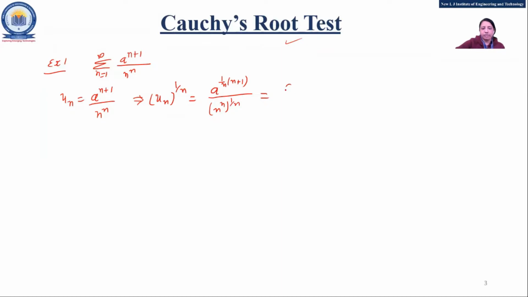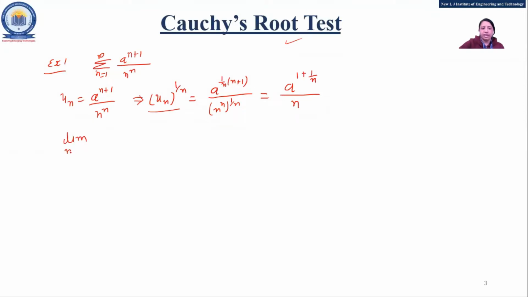So our answer would be a raised to, and here also if we take n common, the 1 is supposed to cancel out. So a raised to 1 upon n, upon, here it is only n. So this is my un raised to 1 by n. Now the next step is to take the limit both sides.